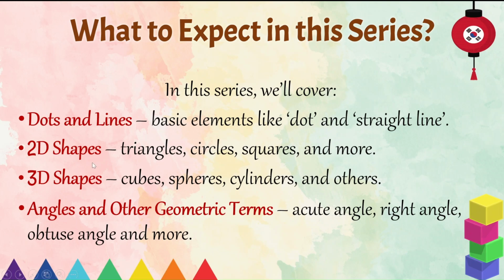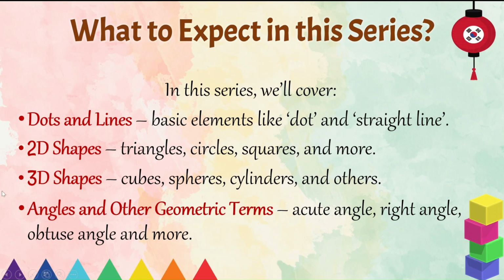You'll learn the different 2D shapes like triangles, circles, squares, and many more. Different 3D shapes such as cubes, spheres, cylinders, cones, and others in Korean language. And you will also learn what the different angles, like acute angle, right angle, or obtuse angle, are called in Korean, and also other important geometric terms.